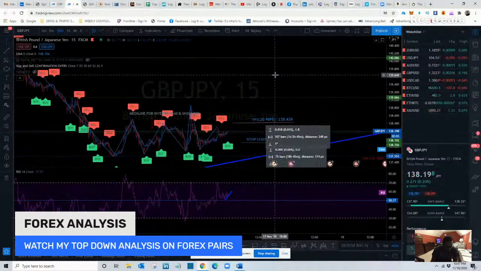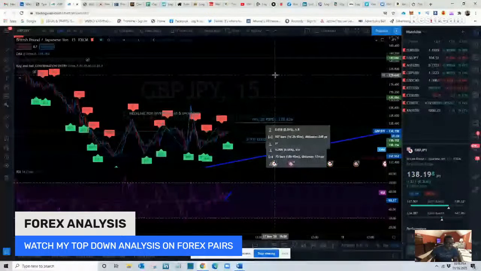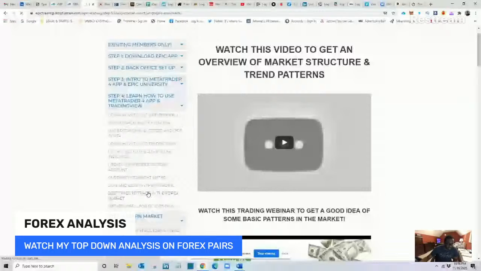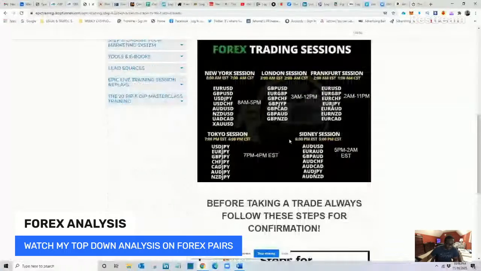Price is probably going to go slow because it's the Asian session, but if I'm not mistaken, with the GJ pair, it might carry over into the London session, because they typically say the Tokyo session is done by 4 p.m. Well, then GJ might overlap into the London session.